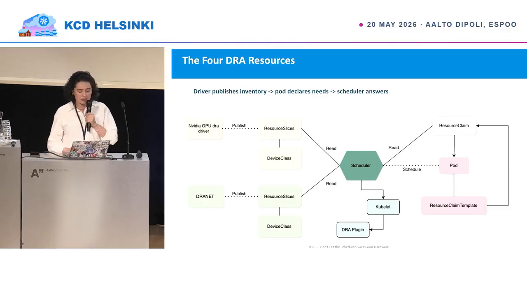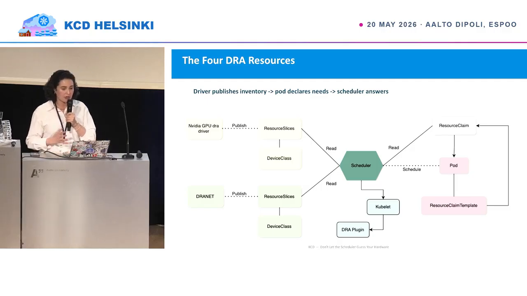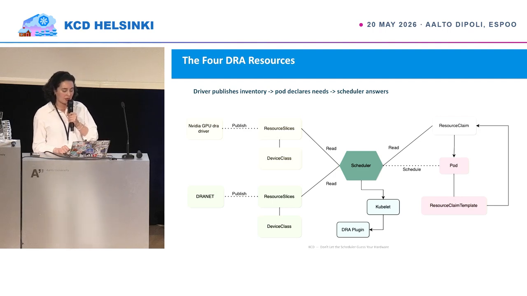On the other side, the user can express the requirements of device allocation and the collocation constraints between the different devices via resource claim templates and resource claims. The resource claim template is the template that the user creates once, and the Kubernetes controller will create a per-pod-replica resource claim to bind the resources to a specific pod on a specific node.